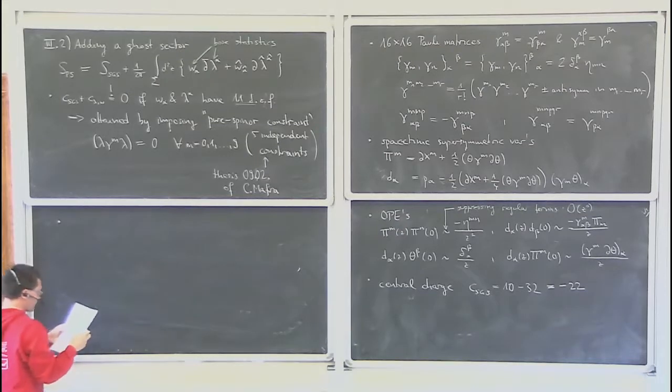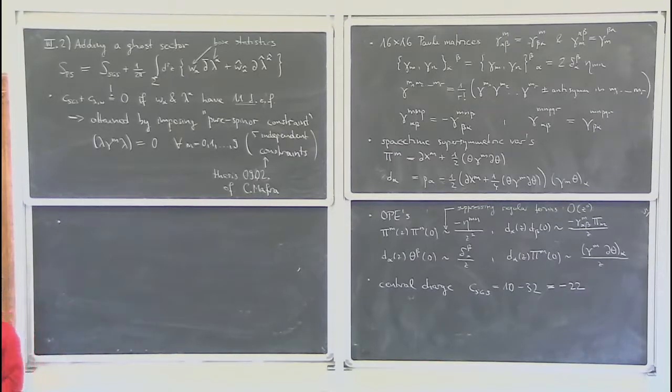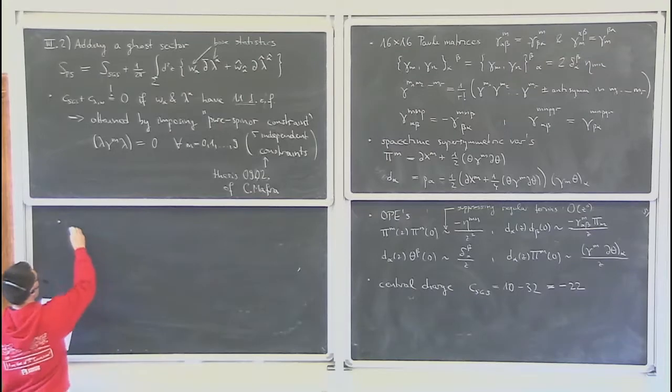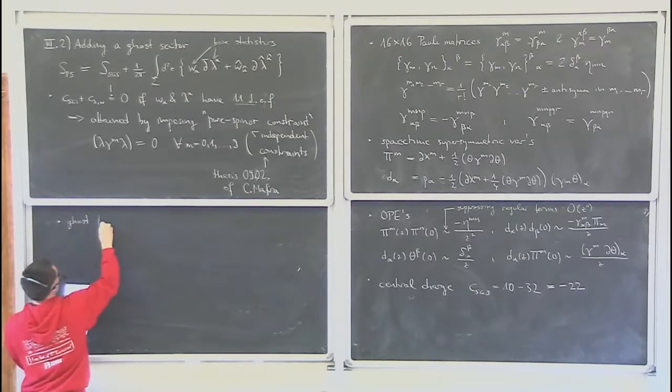Okay, let me now come to some more fine-tuned consistency checks on this model. The central charge is fine. The next thing we want to have from our model, it should be equivalent to the RNS formalism for amplitude calculations. And one of the key engines of amplitude calculations are the OPEs. And a very specific OPE that I want to check with you concerns the Lorentz currents.